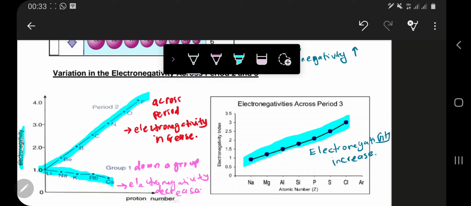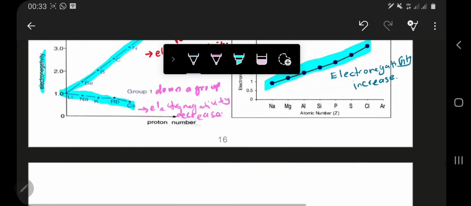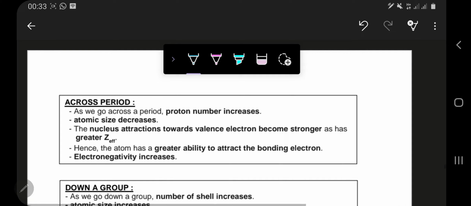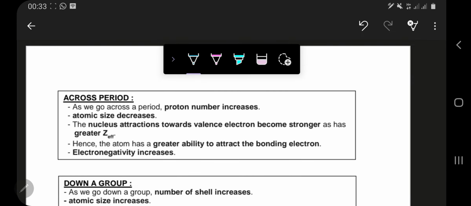Roughly, electronegativity depends on size. The smaller the size, the stronger the attraction, so the ability or tendency of the atom to attract bonding electron to itself is greater, and so is the electronegativity. Okay, this is the summary or main point to explain electronegativity when we go across a period.